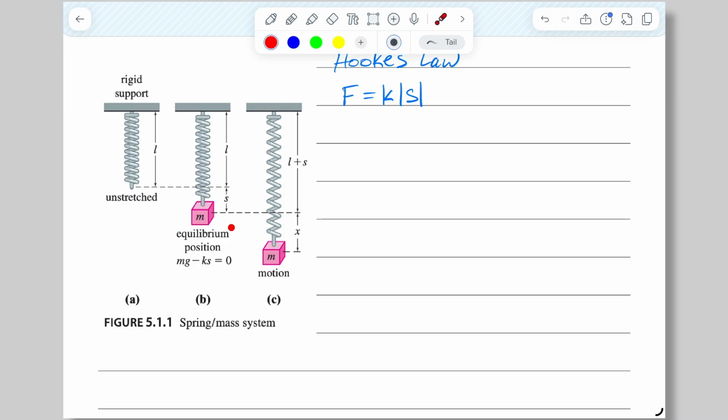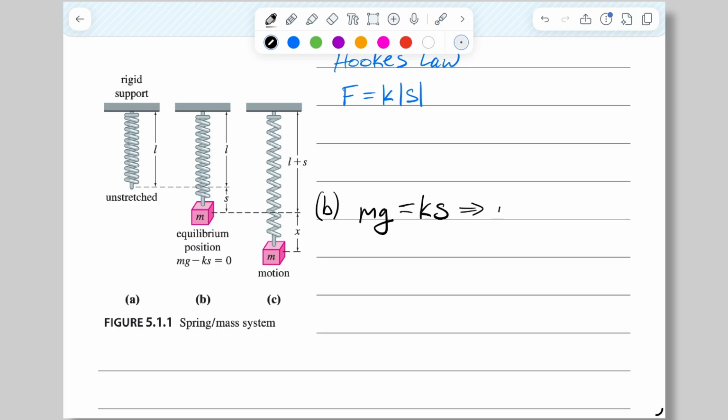At the equilibrium position, in B in this diagram here, the force pulling the mass down is due to gravity, and so we have mg pulling down. That's just mass times acceleration. And the restoring force that's pulling up through the spring is ks according to Hooke's law.